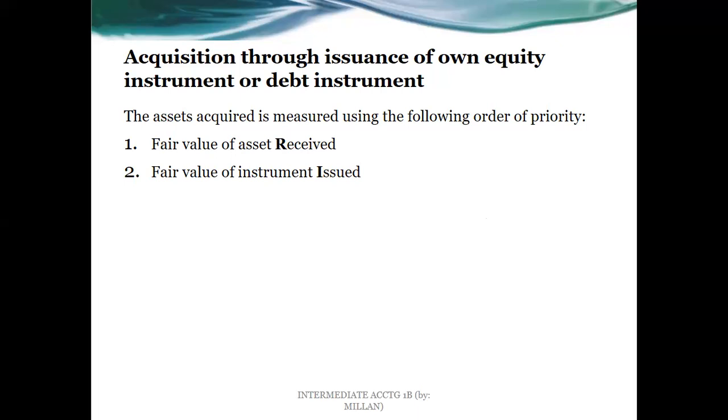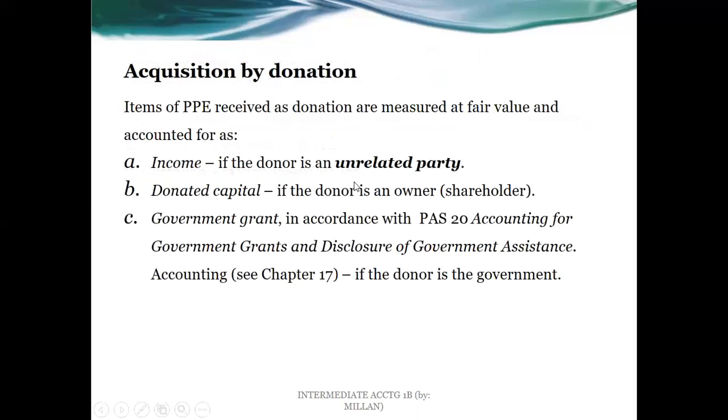Next part or type of acquisition is by donation. In this case, another party or entity donates or gives without additional consideration or peso value in return from us. If the donor is an unrelated party, meaning not part of the group of companies, that is treated as an income.